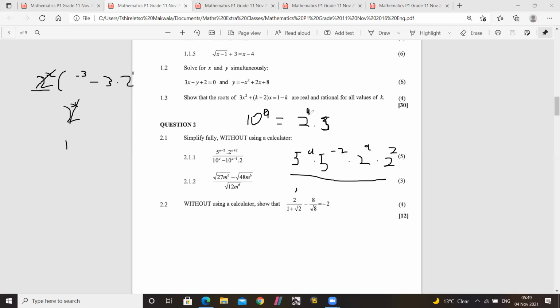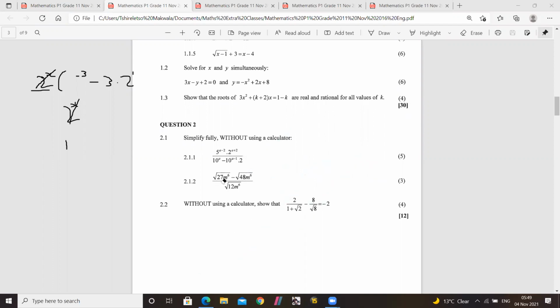Basically you're going to change this 10 into this, then cancel out this with the numerator. That's another way of doing it. However, if you see simplify fully without using a calculator, you know it's this type of question.